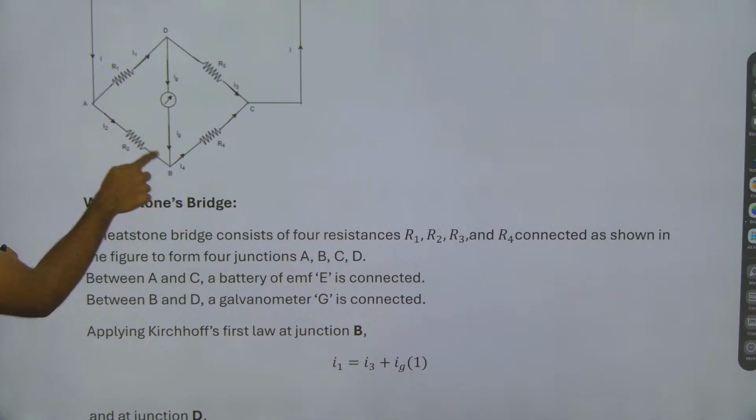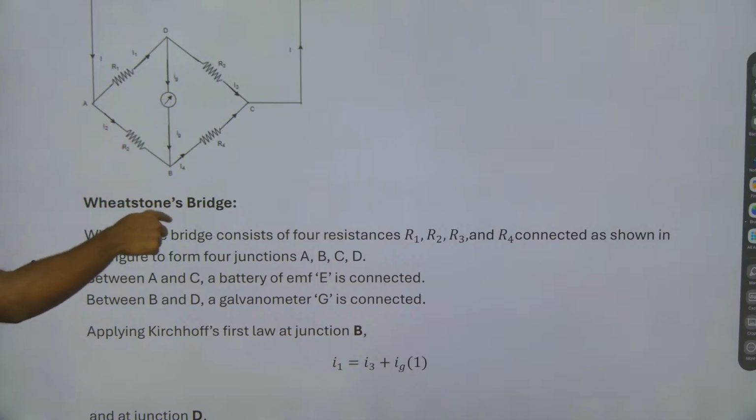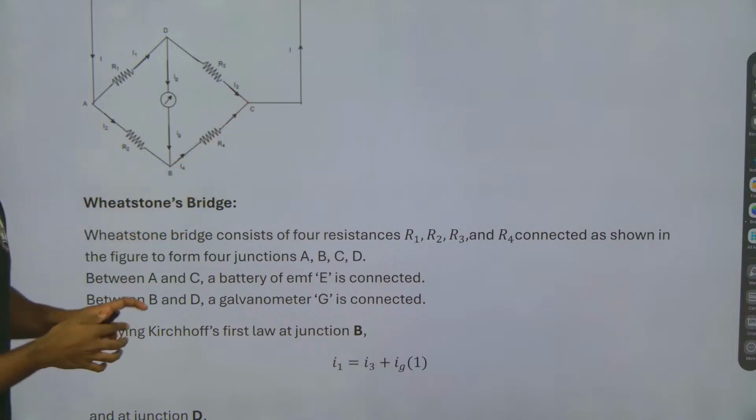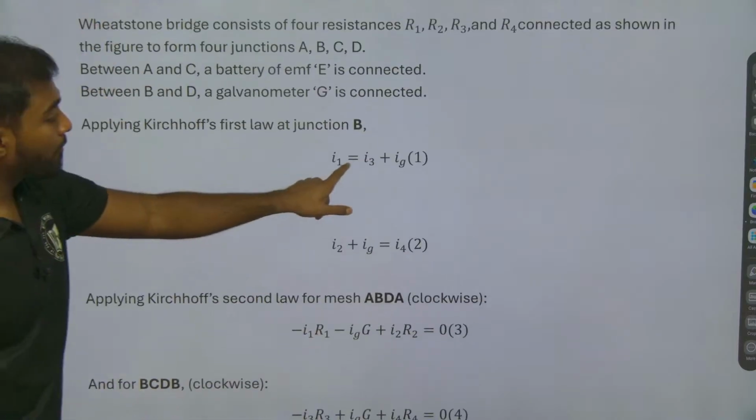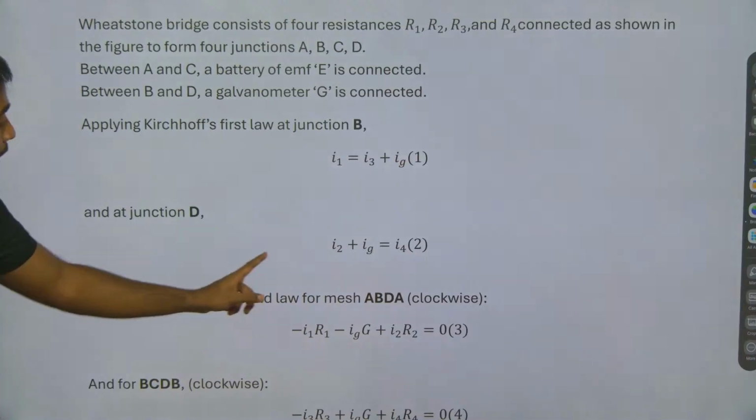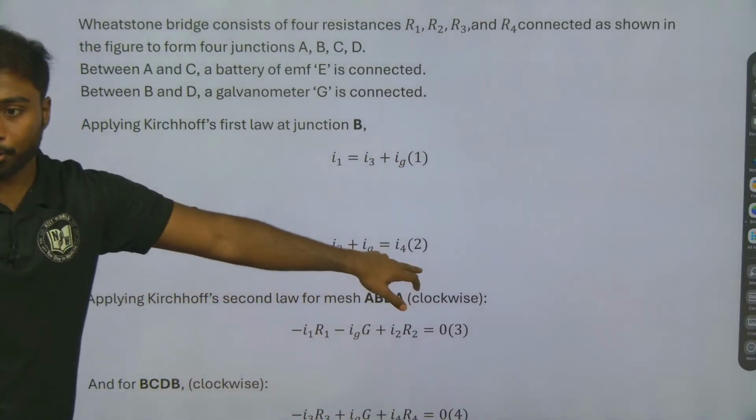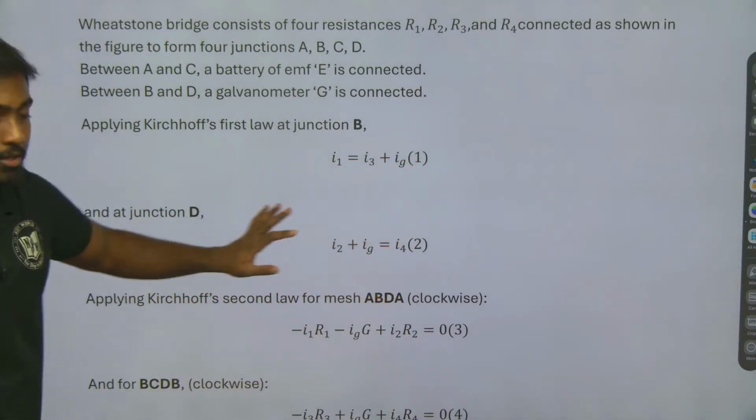When we consider the other point, I2 is coming in, Ig is also coming in, and I4 is going out. So I2 plus Ig will be equal to I4. These are equation 1 and equation 2.